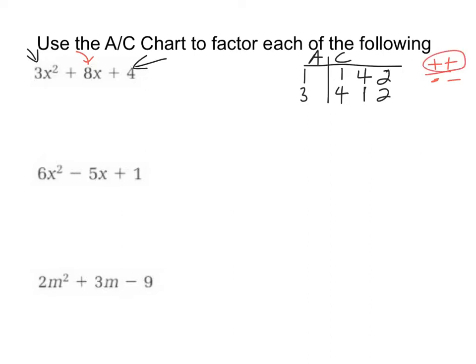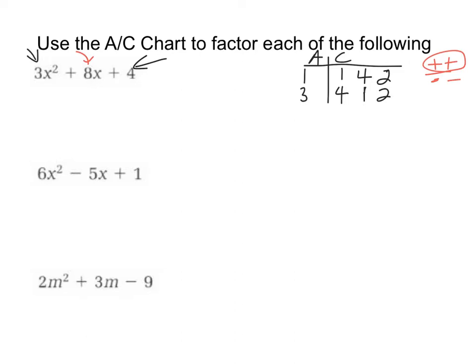Then we're going to crisscross and try to find 2 things that add to 8. So here we go. For example, 3 times 1 is 3, and 1 times 4 is 4. So 3 and 4 do not add up to 8, so that's not going to work at all. Then we start again.